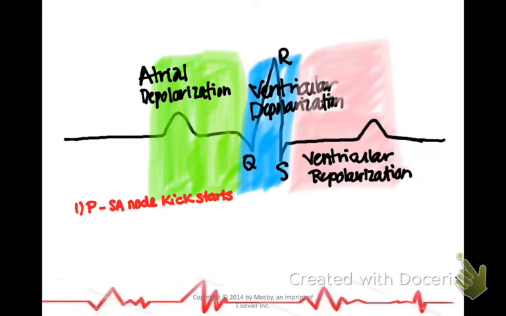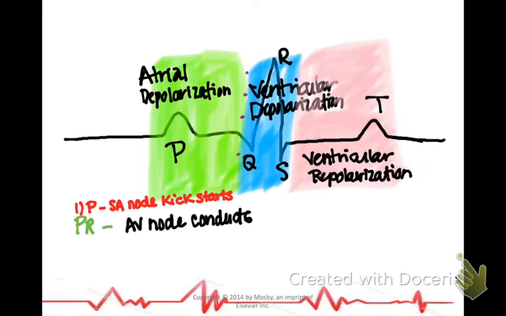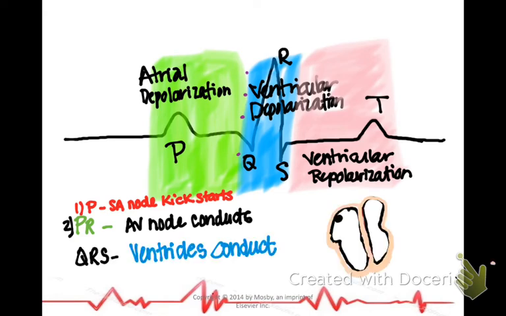So your P wave is your SA node, right? It kick starts. It goes down into the AV, right? Conducts down into, okay, so that's your P. Your PR is your AV conducts. QRS is your ventricles conduct. So P, got a little P wave.